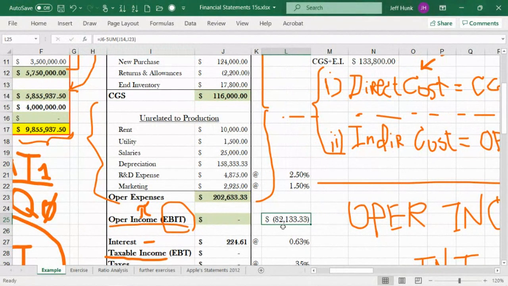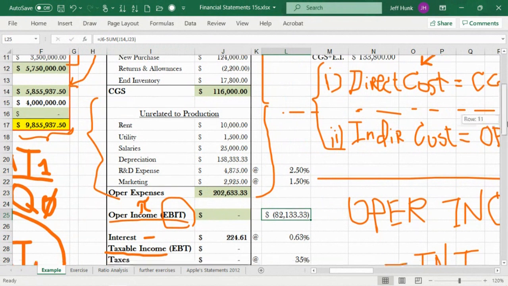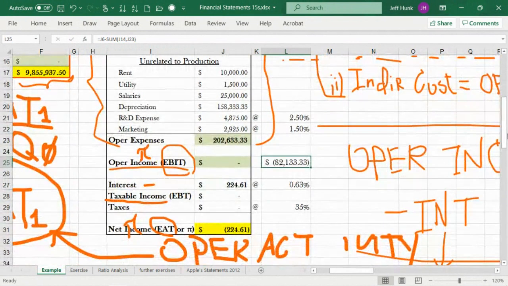We get a negative number, negative 80. So businesses don't always end up in profit. That's why it is called a profit and loss statement. Income statement is also called profit and loss statement. I told you that. Loss is simply negative profit.